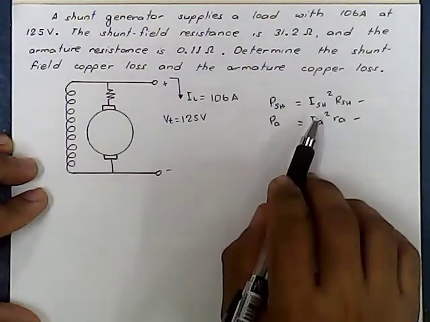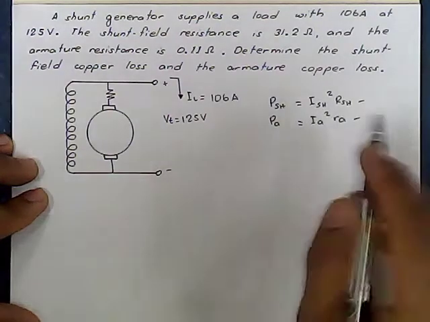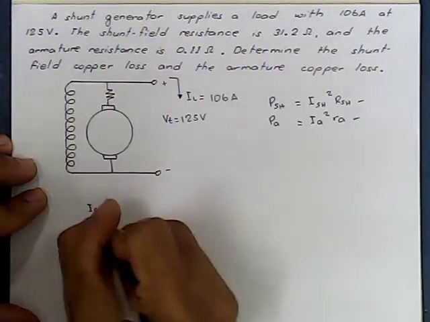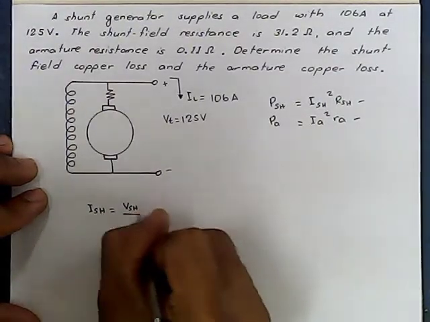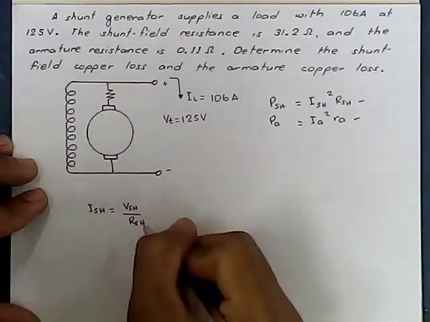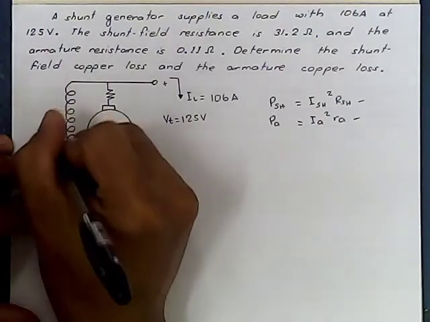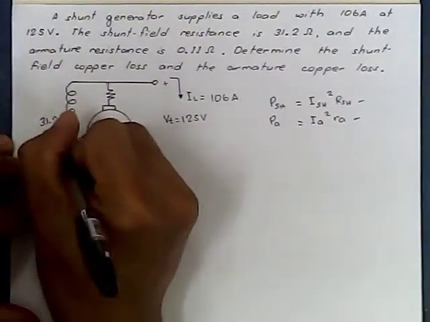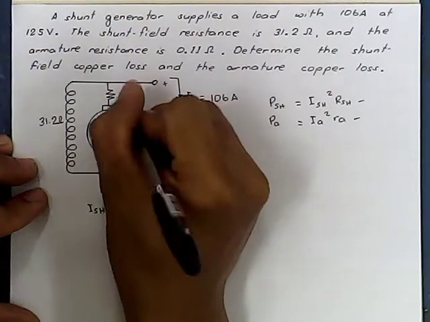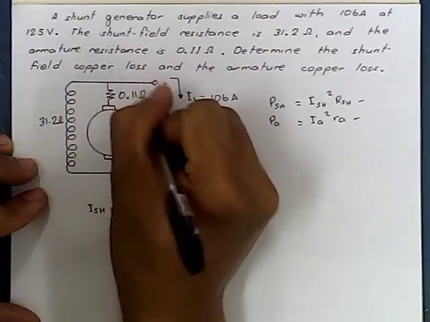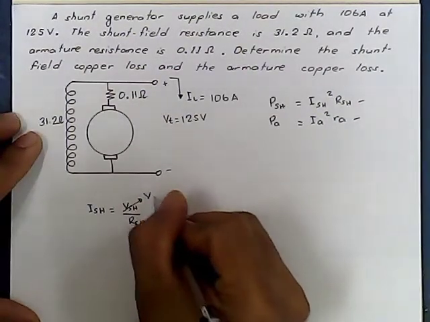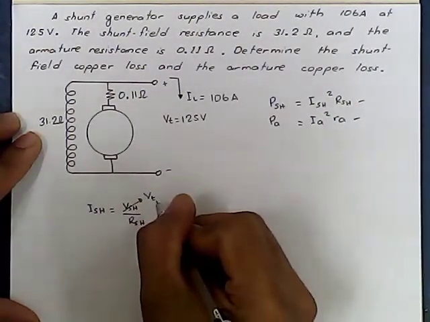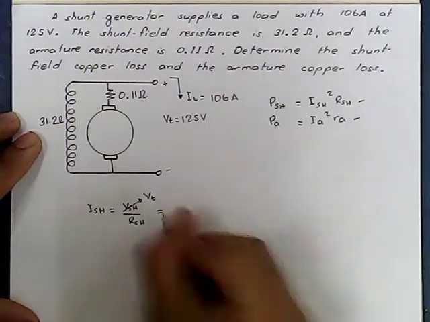Una natin pwedeng kunin yung shunt field current. ISH equals VSH over RSH. Dito, 31.2 ohms at dito naman ay 0.11 ohm. Ang VSH, since shunt generator ito, is equal to the terminal voltage.